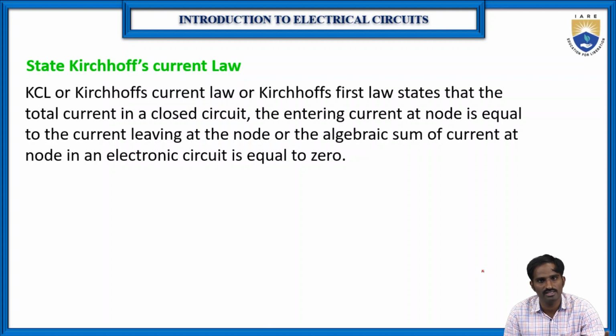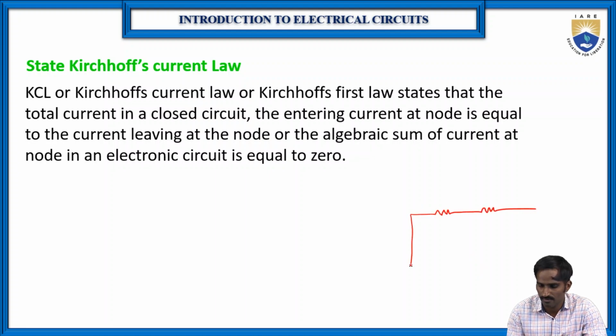Response is nothing but either current or voltage. Suppose I consider the same circuit having the two resistors and a voltage source, plus and minus, with R1 and R2. The current flowing through this circuit is I, the voltage across R1 is V1 and the voltage across R2 is V2.